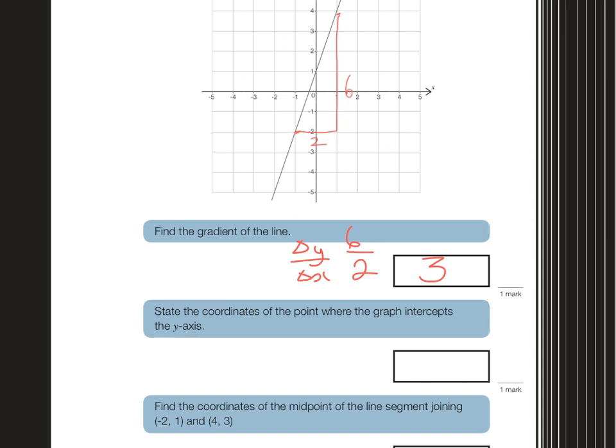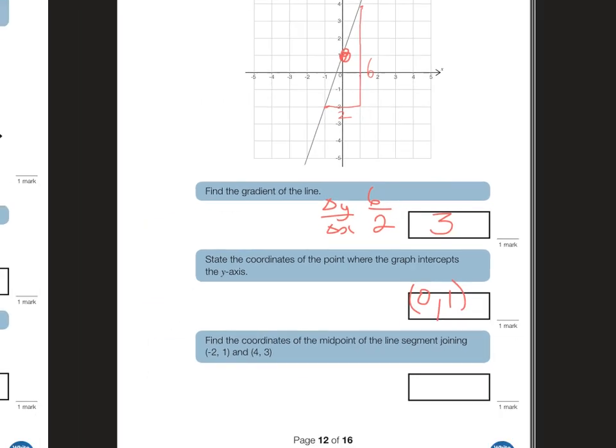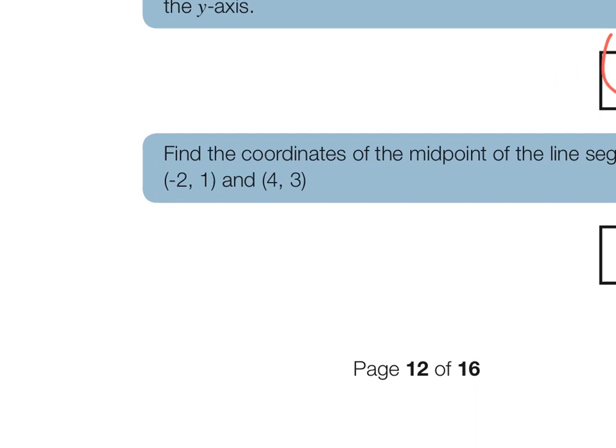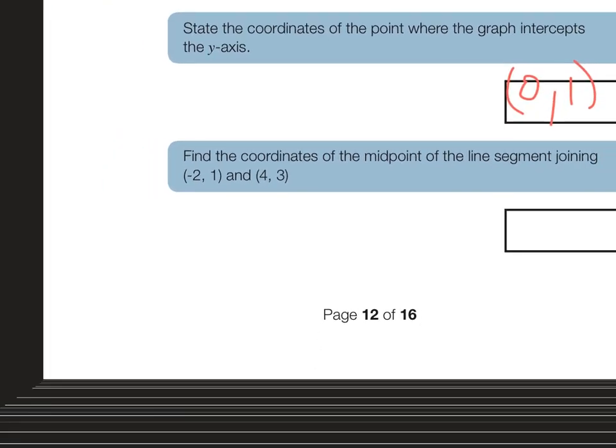Where does it intercept the y-axis? That's there, so that's at 0, 1, and the midpoint. If we add and half, -2 add 4 is 2, half it 1, 1 add 3, 4, half it 2, 1, 2.